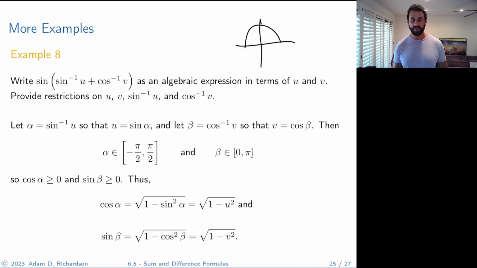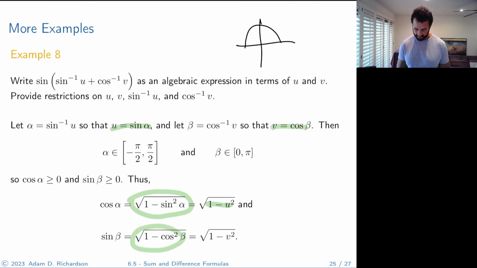Okay, so now when we want to compute what cosine alpha is, we know that we're going to take the positive root. Same thing with sine. We're going to take the positive square root. And then we get two pretty cute results here. Cosine of alpha is equal to this, but we know sine of alpha is u. So this becomes the square root of 1 minus u squared. And we know cosine of beta is v.